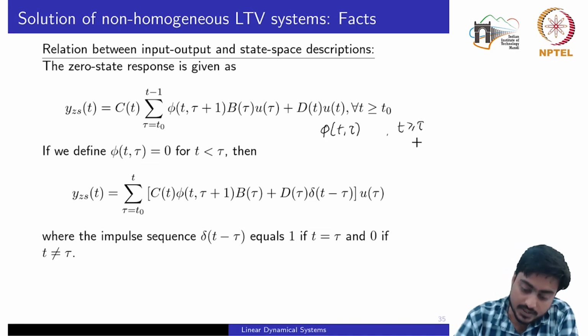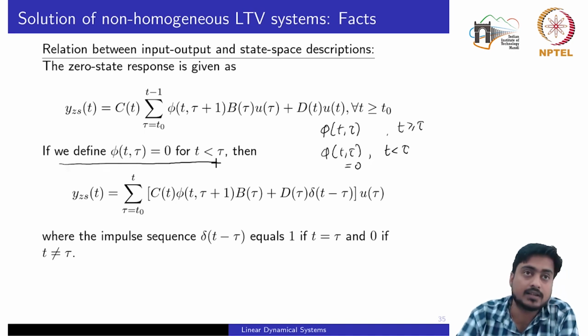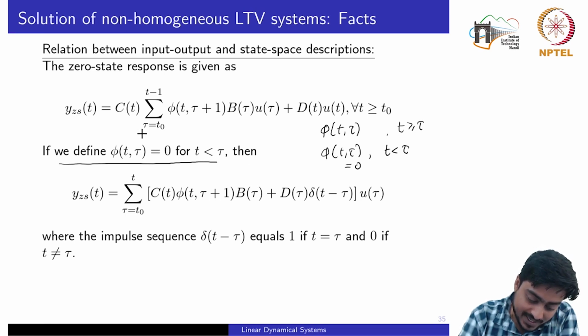So in the opposite direction, phi t comma tau, that is for t less than tau, we are considering it equal to 0. This is what we are defining here. Now if I define this phi t comma tau equals 0 for t less than tau, then I can write this complete expression by using this one.